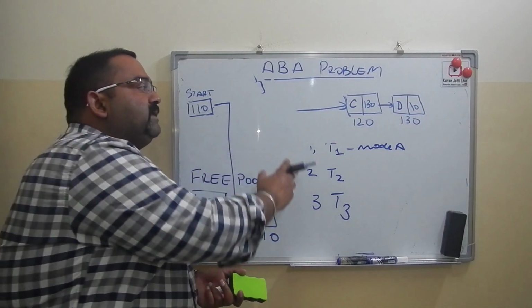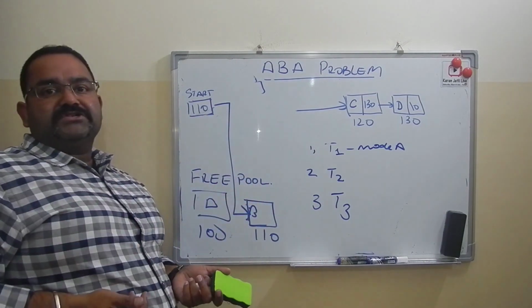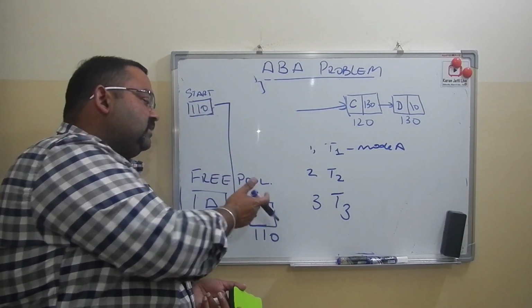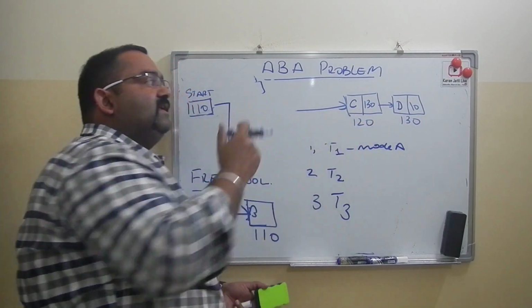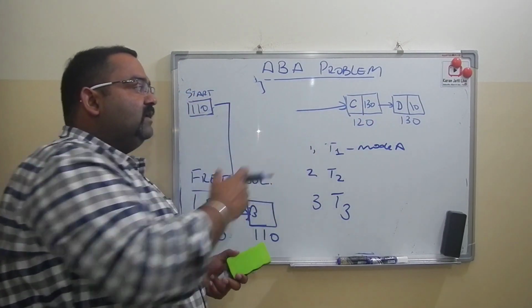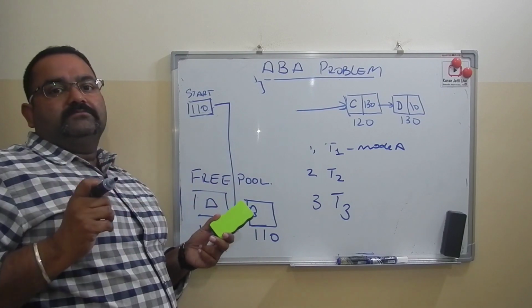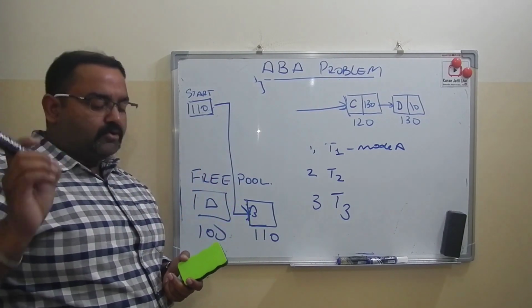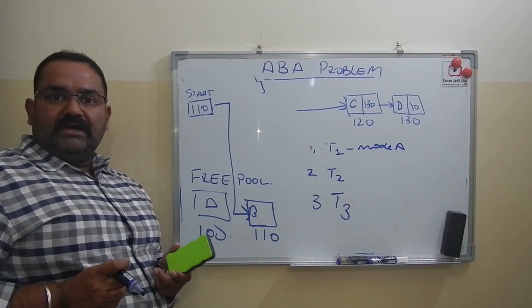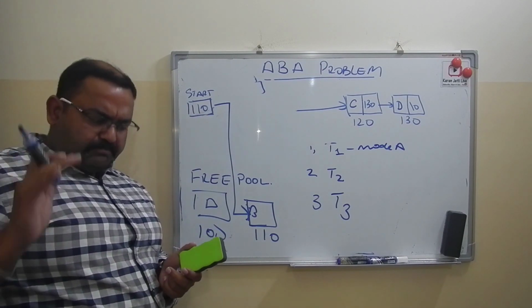So this makes our list inconsistent. It goes to B, from B it doesn't go anywhere, but that is actually my list. So this problem, guys, is called the ABA problem.